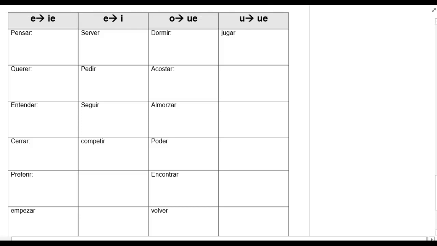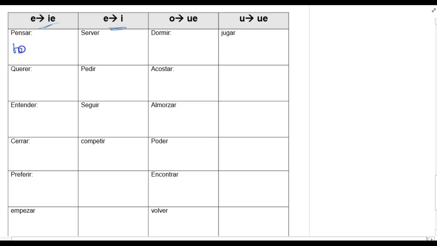And then the other question that some people ask me is, how do you know when to use a stem changer versus when not to? Basically you have to memorize the verbs that are stem changers, but for the most part in my class, I'm just going to tell you what the stem changes to. So for example, E to IE, and so on. So let's go ahead and fill this out.